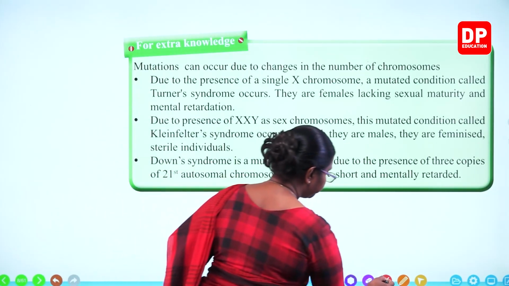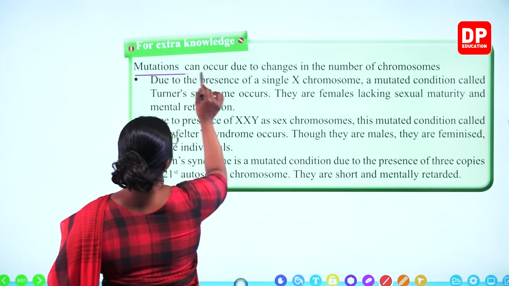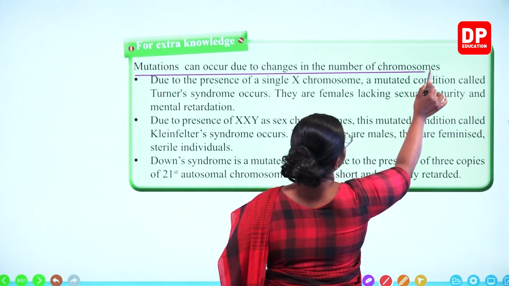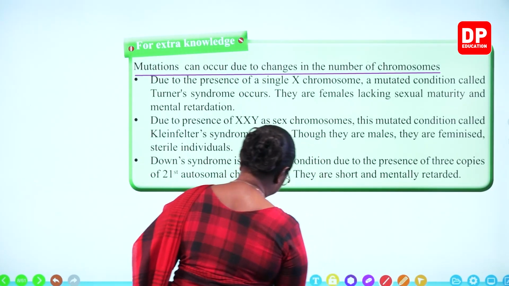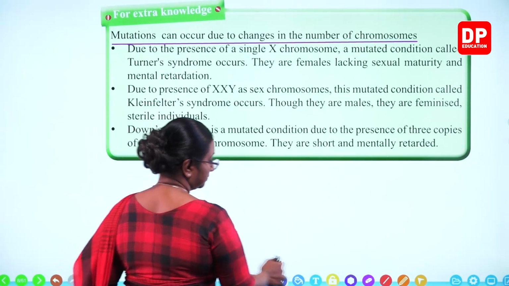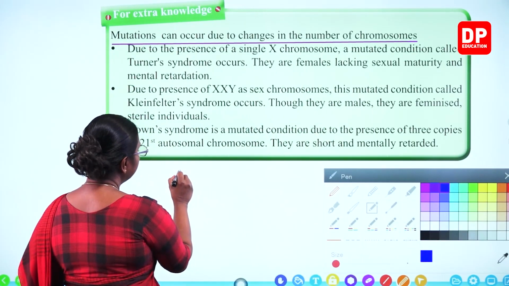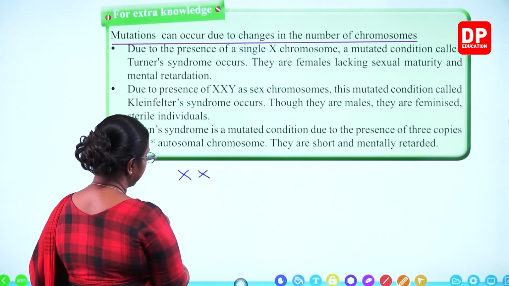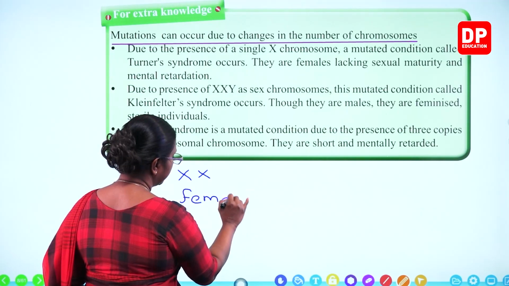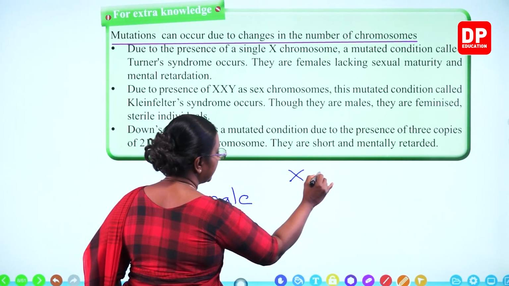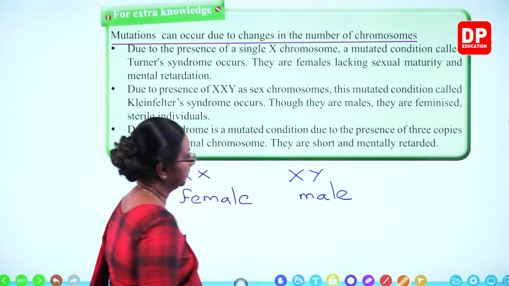So here, mutations can occur due to changes in the number of chromosomes. Now, for example, normally, if the chromosomes are X and X, then it is a female. And if the chromosomes are X and Y, it is a male.